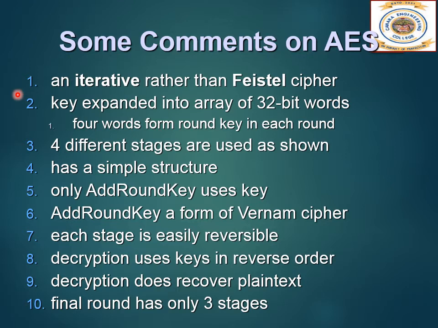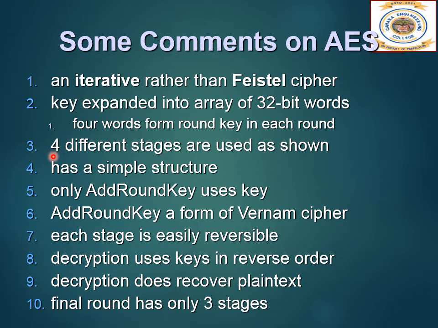But in AES, the processing is done on the entire data block as a single matrix during each round using substitution and permutation. The key is expanded into an array of 44 32-bit words. Four distinct words serve as a round key for each round.